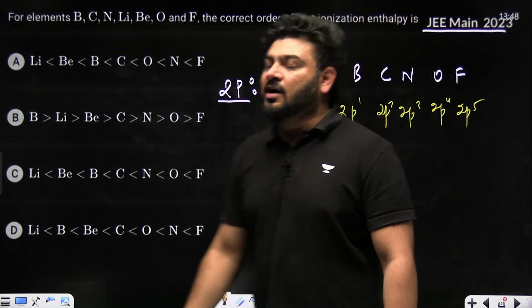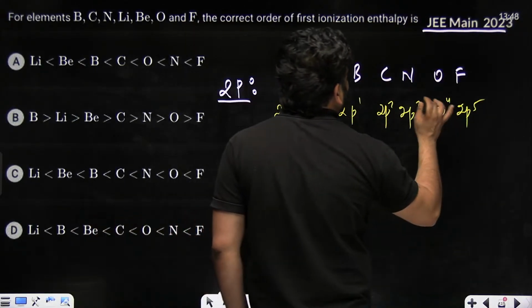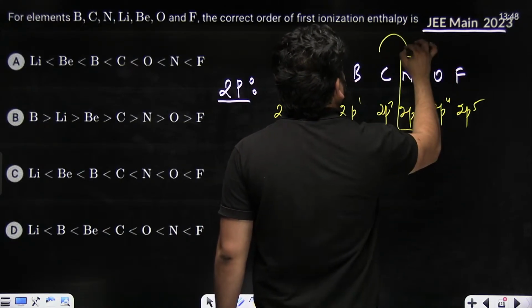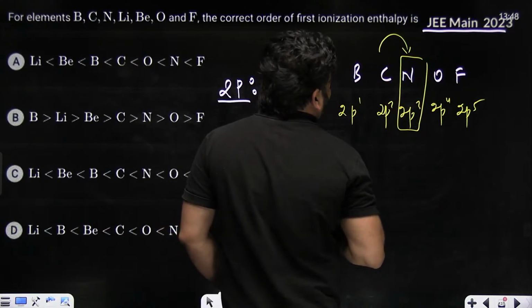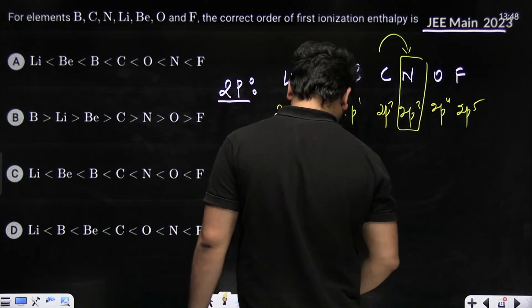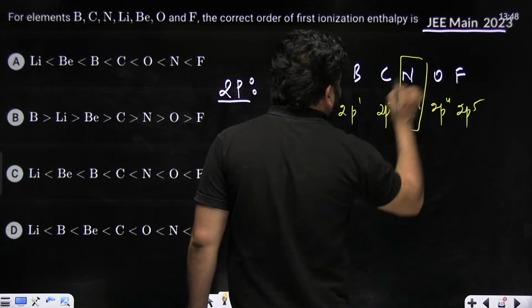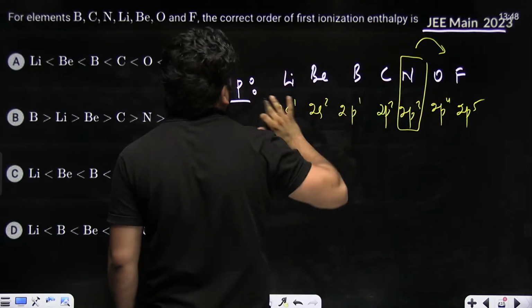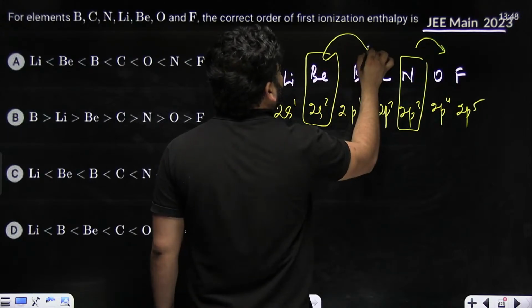Which one of them has the most stable configuration? Wherever it has the most stable configuration, there it will jump by 1. It will jump to a higher position, because left to right it increases, no? Beryllium will have a higher value than boron.